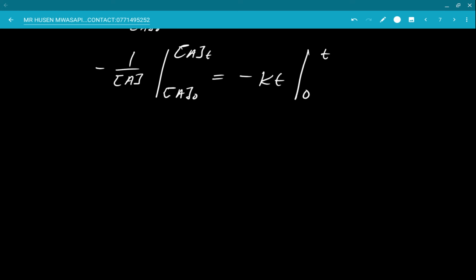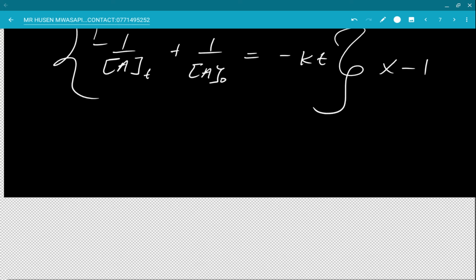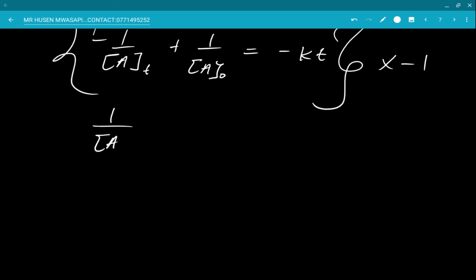Now this will give you minus 1 over concentration A at time t plus 1 over concentration A at the initial being equivalent to minus kt. So one can just say times negative 1, and this will be 1 over concentration A at time t minus 1 over concentration A at the initial being equal to positive kt, making 1 over A at the period of time t the subject.